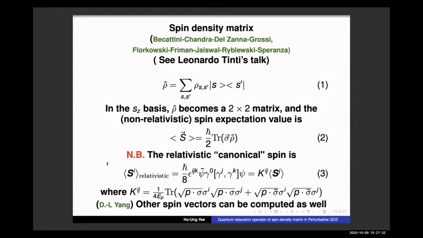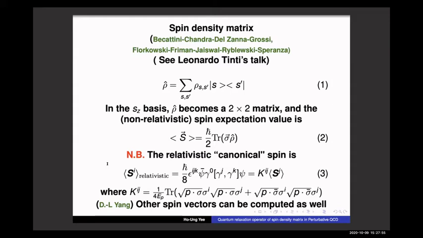We have a 2x2 spin density matrix that can be written in some basis, and we are going to use the Sz eigenbasis, which means that the spin operator will be just a Pauli matrix in that basis.